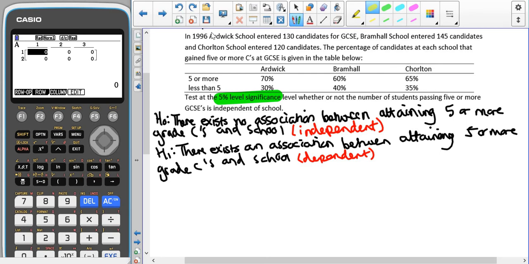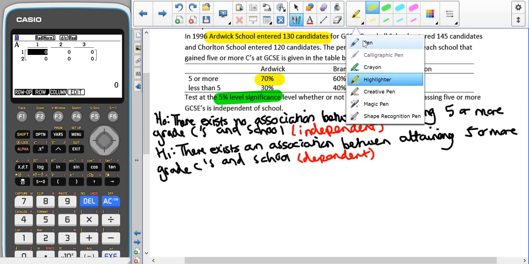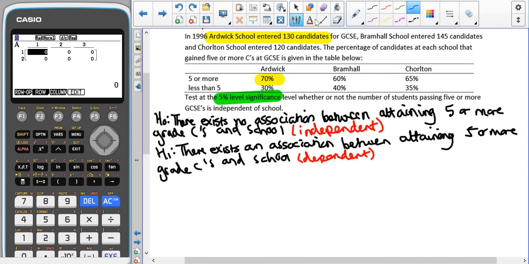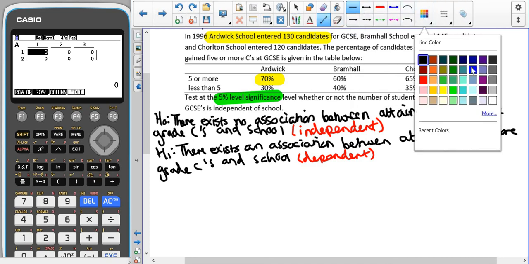So we were told that Ardwick School entered 130 candidates. We know that 70% of them got 5 or more GCSEs at a grade C. So I'm going to draw another table of observed values.